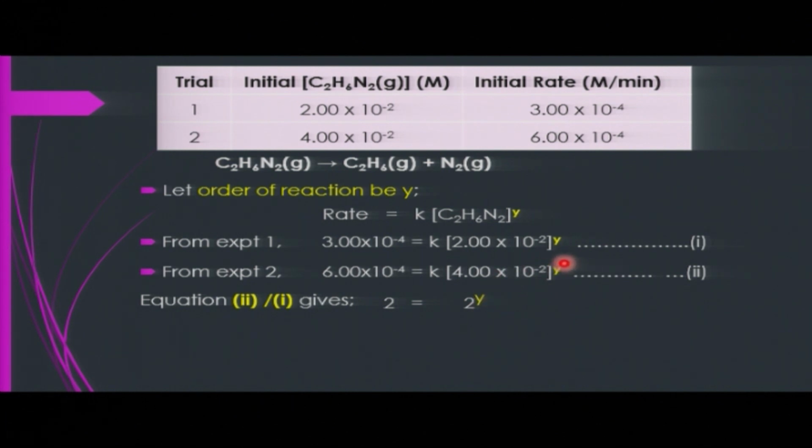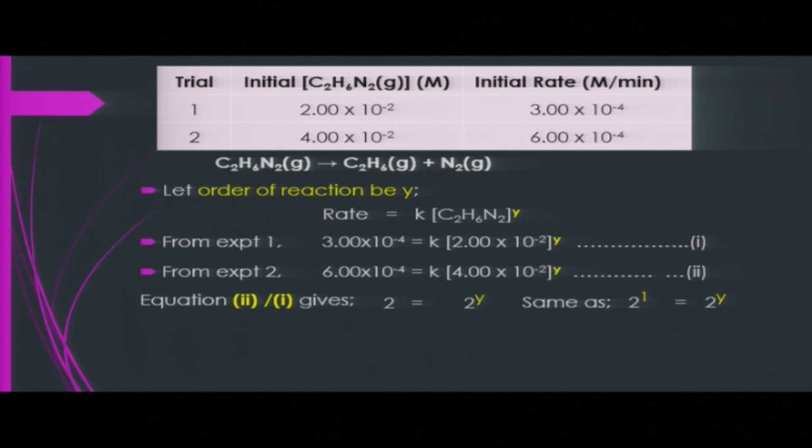But this value has the power Y. Here, we have a 2. Applying your math, any number to the power 1 is always that number, meaning a 2 without any letter on top has a 1 on top, because any number to the power 1 is always that number. 2 to the power 1 is 2. So if you write it this way, it's directly similar to this.